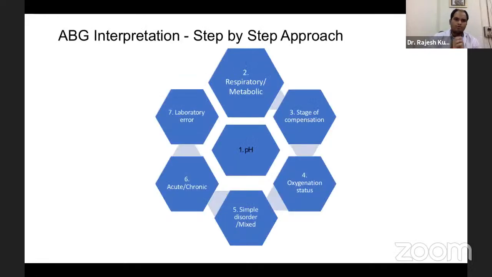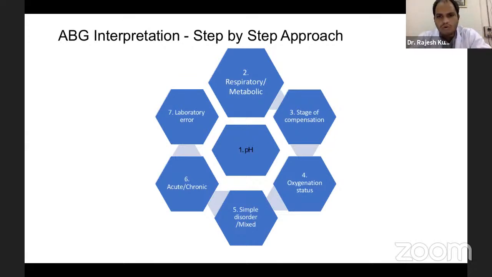So now coming to the best part of this lecture, that is the ABG interpretation. We'll discuss the very basics of why you need a step-by-step approach.